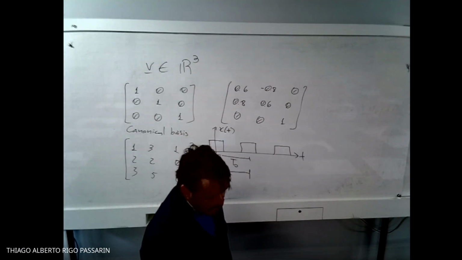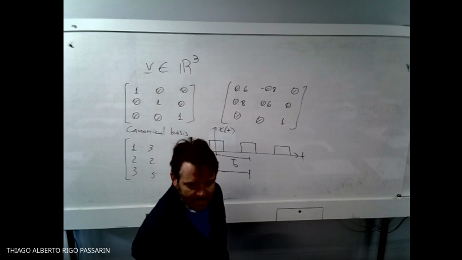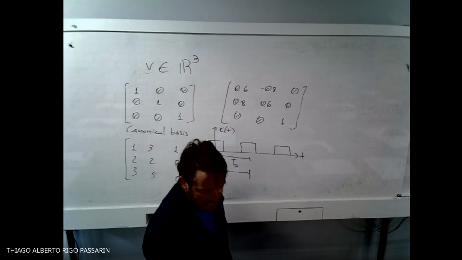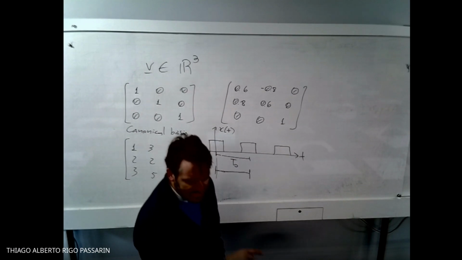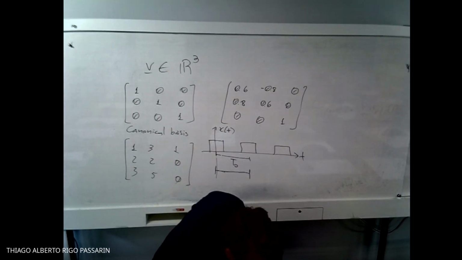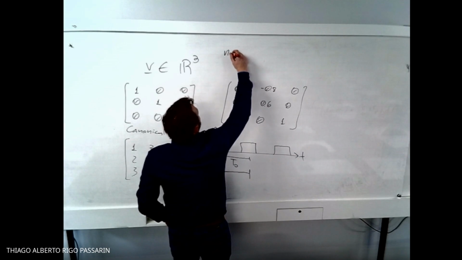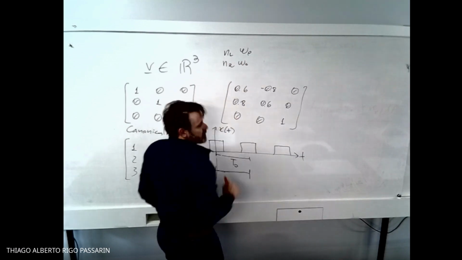We've seen before that these guys are orthogonal, right? I created this script. There are 2 parameters. This wave has frequency N1 omega 0, and the second wave has frequency N2 omega 0.